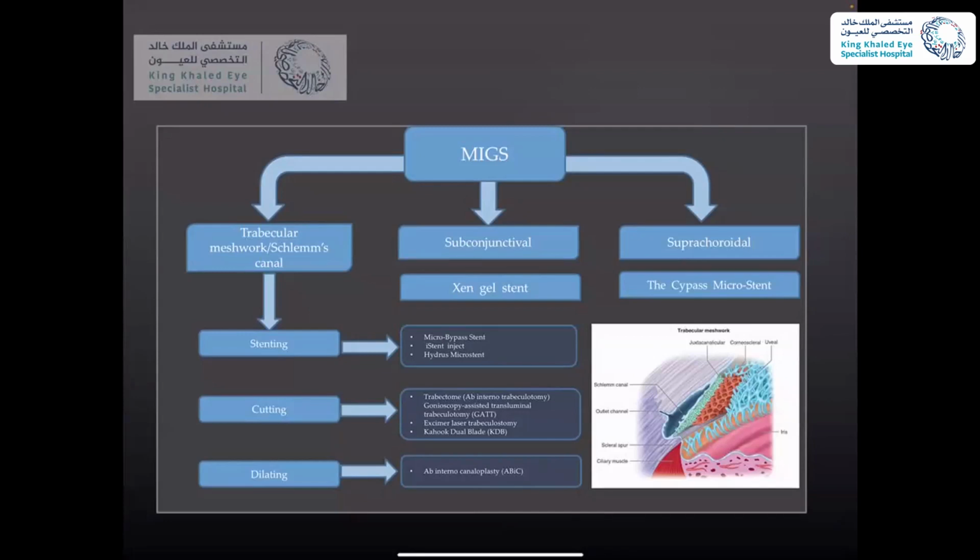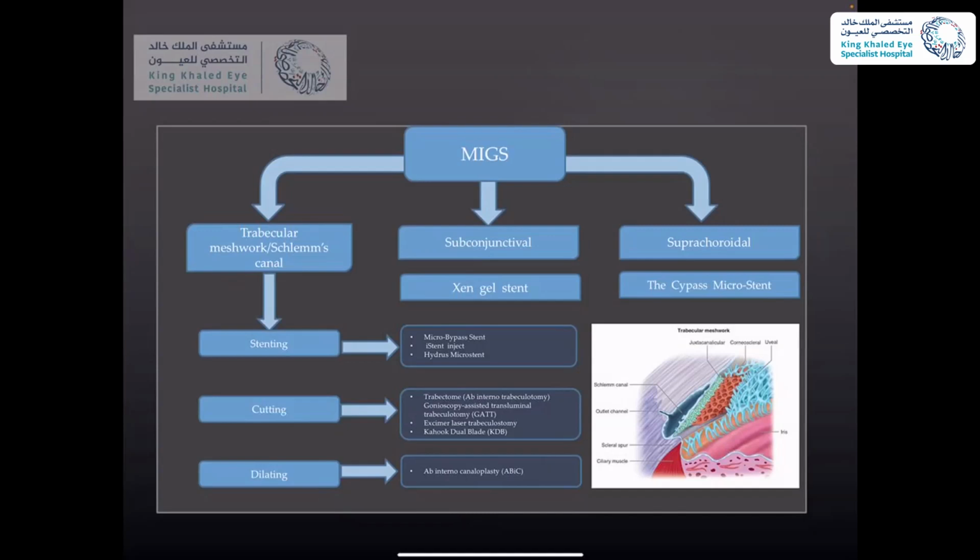Ab interno canaloplasty, ABiC, is when you open the trabecular meshwork, pass the track or the guidance in the trabecular meshwork, and dilate that trabecular Schlemm's canal. For cutting, you have different ways to cut or tear the trabecular meshwork, either by blade, by a suture, by the Trab360, or by diathermy opening.